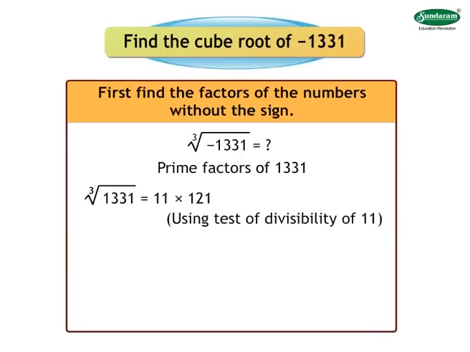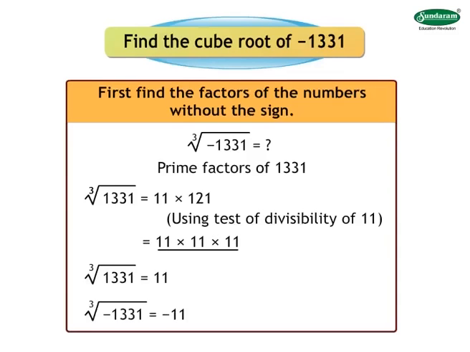Thus we get 1331 is equal to 11 into 11 into 11. Mark this as a set. Then taking a single number 11, therefore cube root of 1331 is equal to 11. Now we can write that cube root of minus 1331 is equal to minus 11 as we are asked to find the cube root of negative 1331.